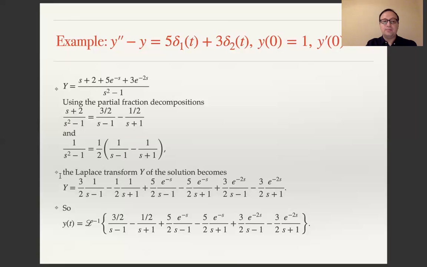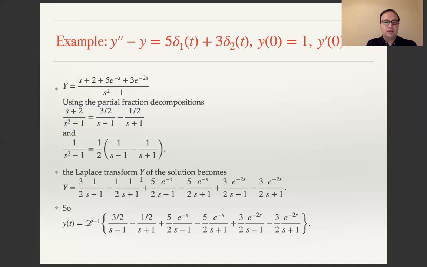Okay, so then we apply this to all the components of capital Y, and we get that capital Y is 3/2 times 1 over s minus 1 minus 1/2 times 1 over s plus 1. So this is from the decomposition of s plus 2 over s squared minus 1.